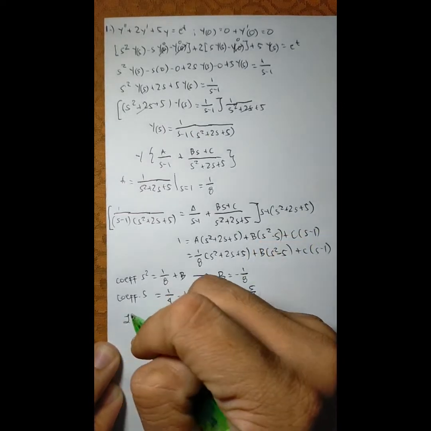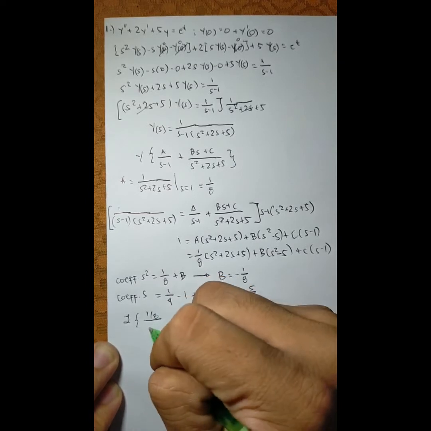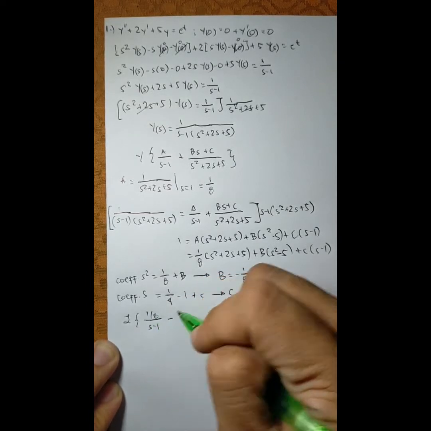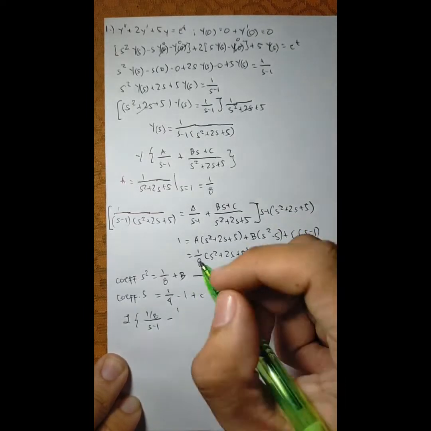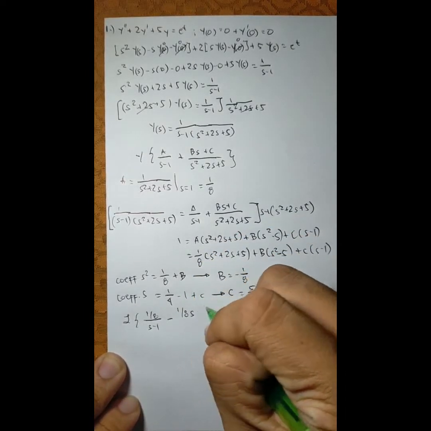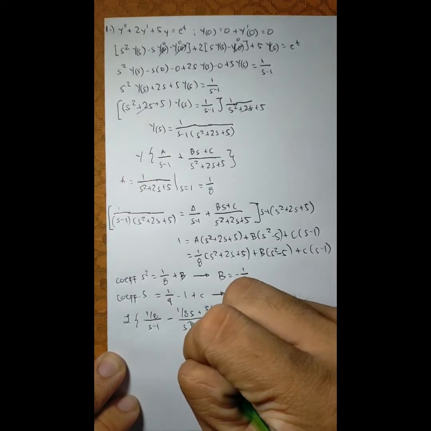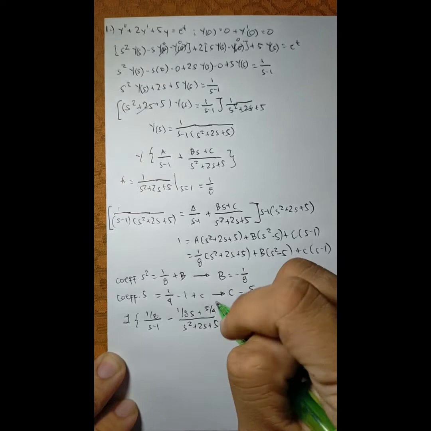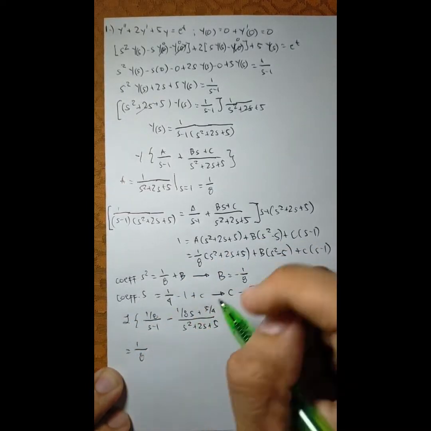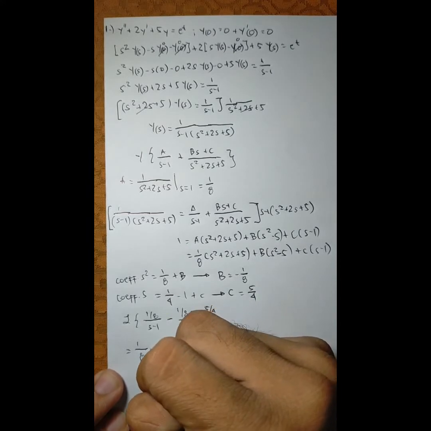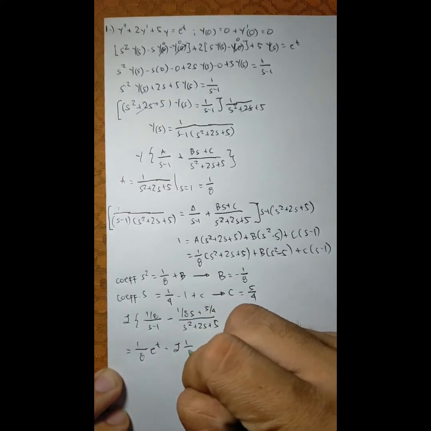And substituting that, we have the inverse Laplace of 1/8 over s minus 1 minus 1 over 8 times s plus 5 over 4, all over s squared plus 2s plus 5. And we have this equal to 1/8 e raised to t minus inverse Laplace of 1/8.